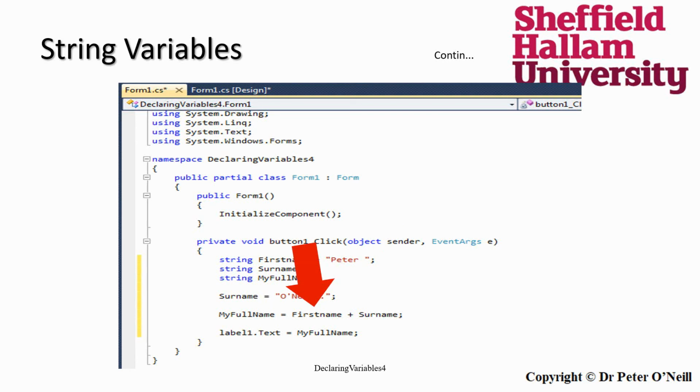Then we put in our first name plus our surname, which is assigned above, and it's concatenated with the plus sign, and we allocate that back to full name to place full name into the text of label 1.